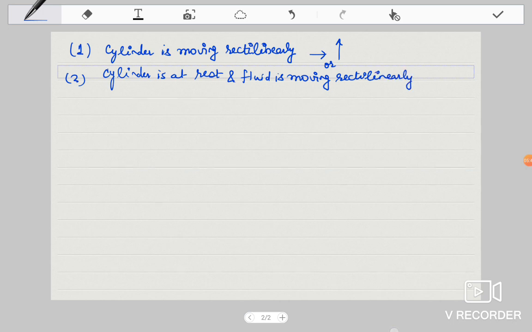But in this case, we will assume the fluid to move in the same direction as the cylinder was moving, only the direction will be opposite. That I'll explain later.